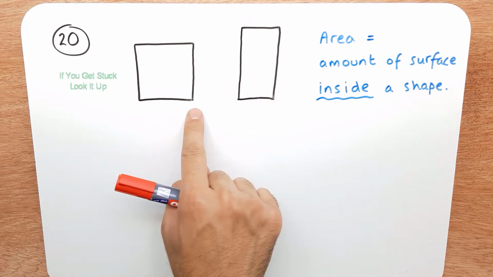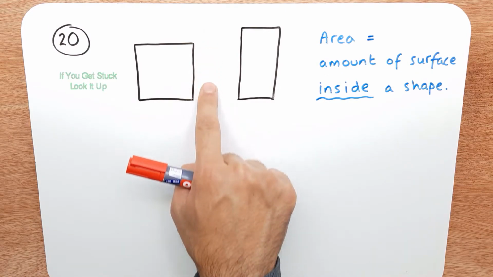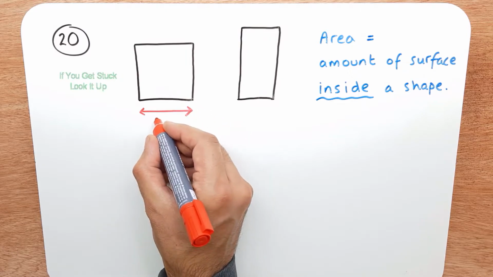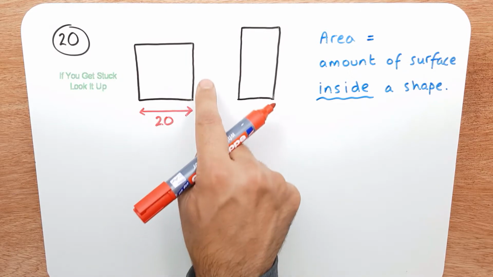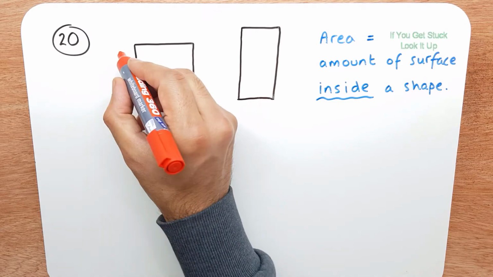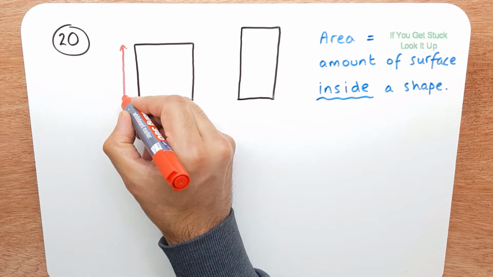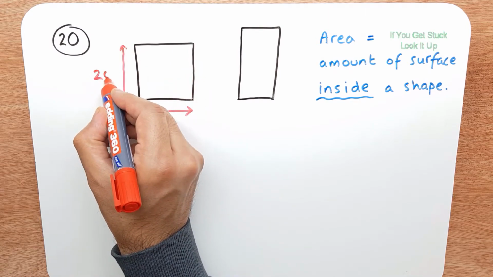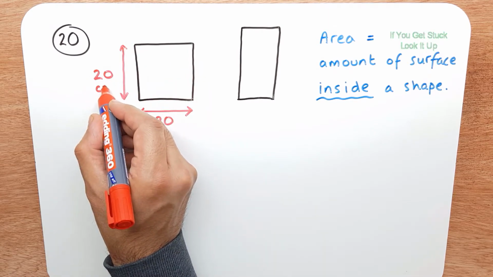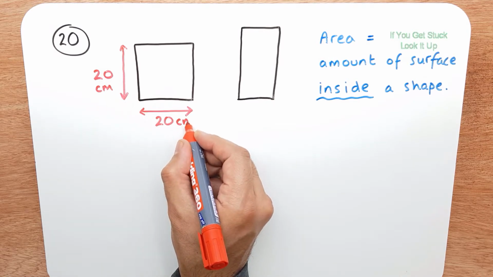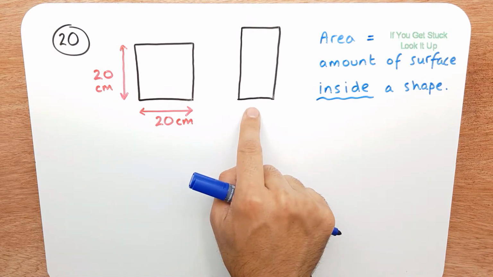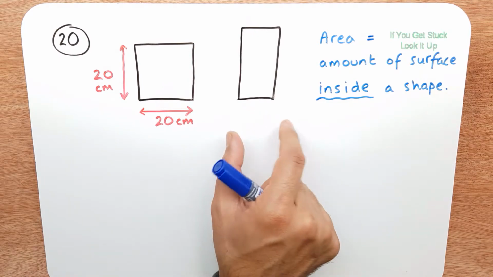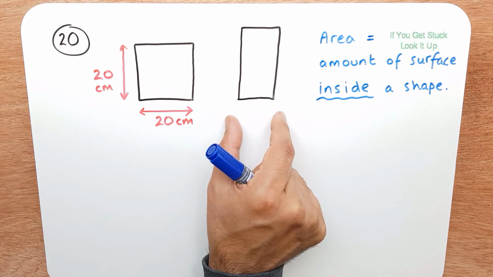Now they've told us the dimensions of the square tile. They've said that this width here is 20. And because it's a square tile, this dimension or this height is also 20 centimeters. So let's put centimeters there. With the rectangular tile, we're told that it is 2 centimeters narrower.